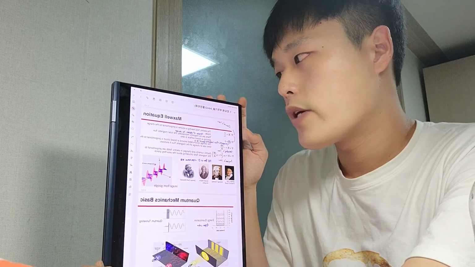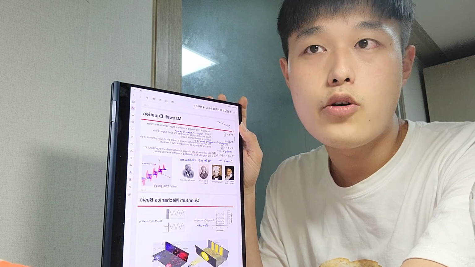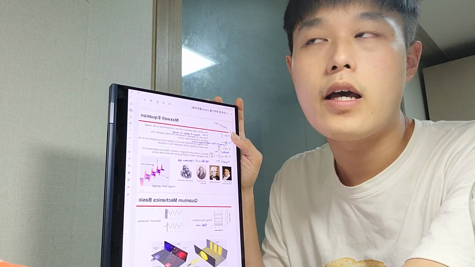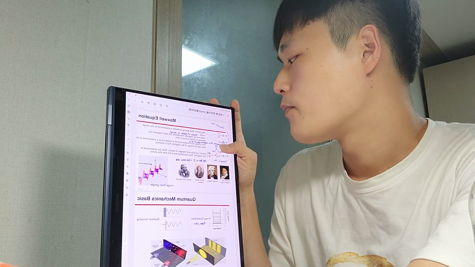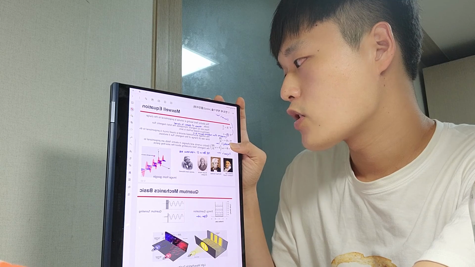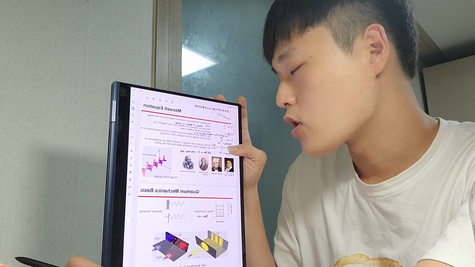We learned the Maxwell equations, four Maxwell equations: two Gauss laws, one Faraday's law, and one Ampere's law. From the first formula, we can learn the source of the electric field is charge.